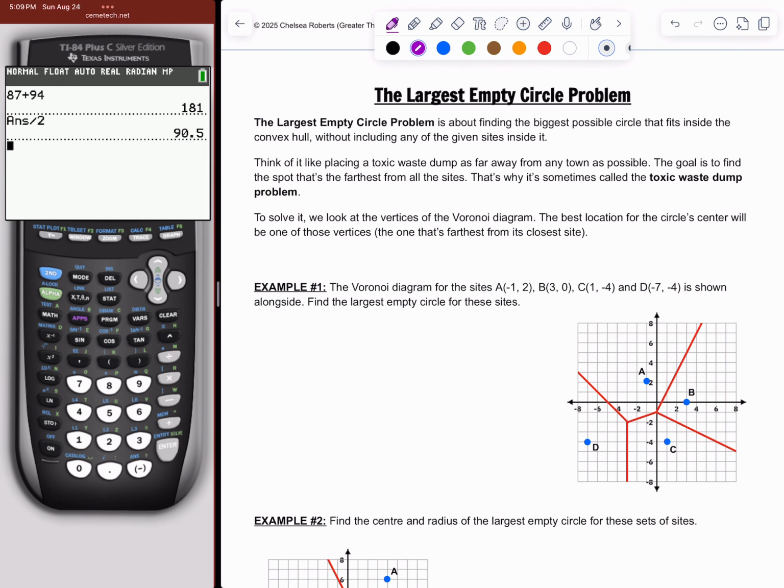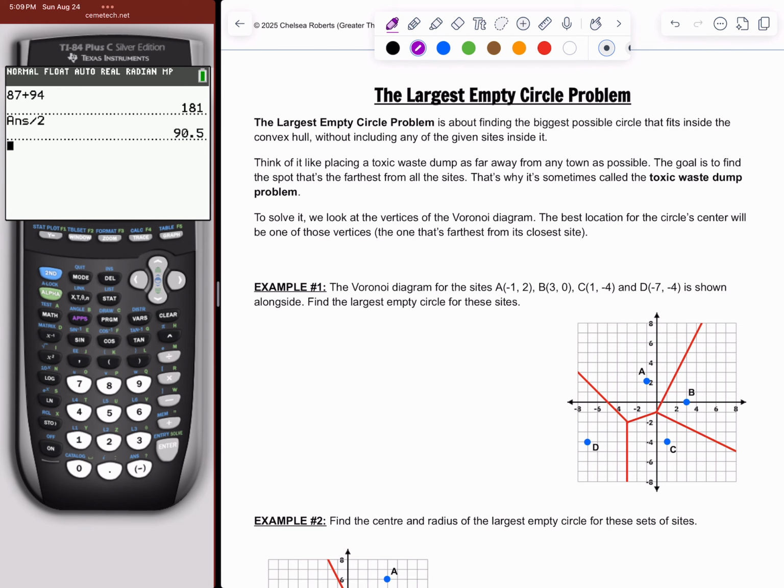Wherever your vertex is, you want to look at those vertices and compare them to one point, to figure out which vertex is going to cause the greater distance, because that is where you want the center of the largest empty circle, or your toxic waste dump, to be. You want it to be as far away as possible.